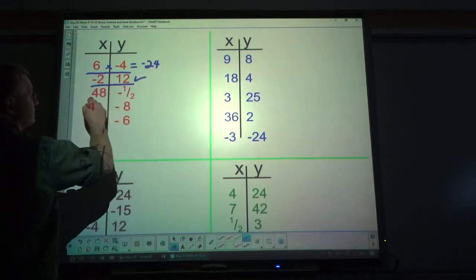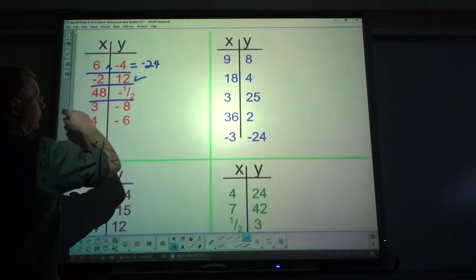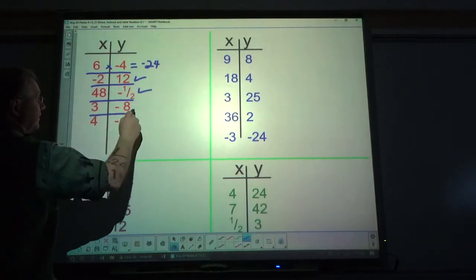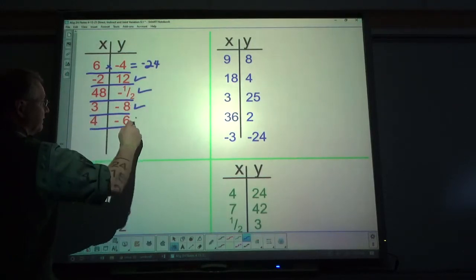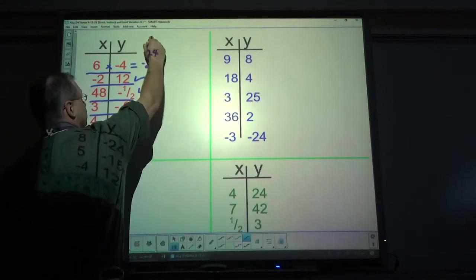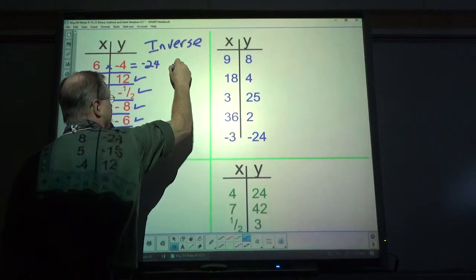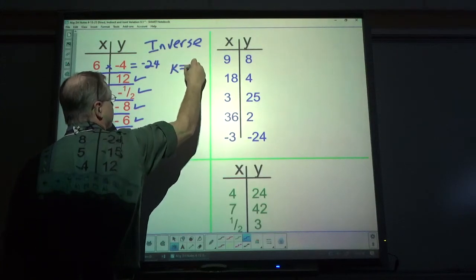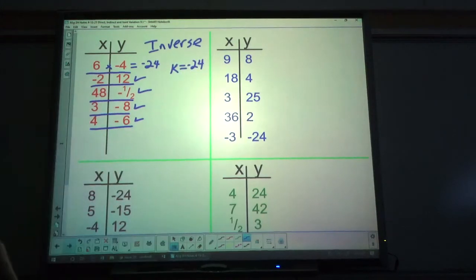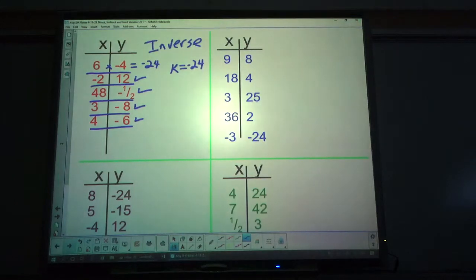That works. Negative 1/2 times 48, negative 24. So this is inverse, and k is negative 24. It's always nice to write down what k is.